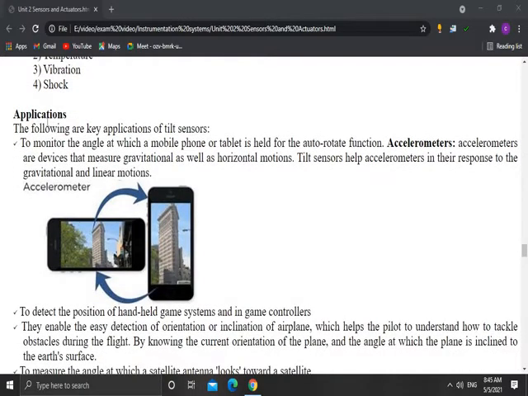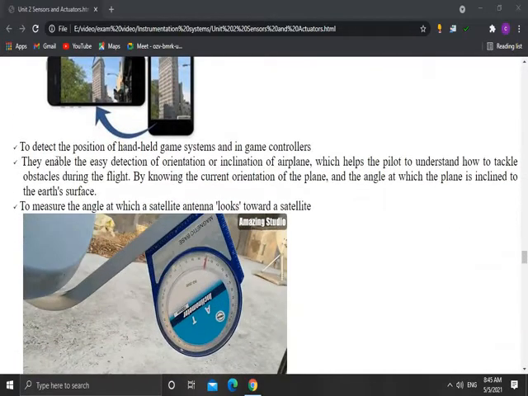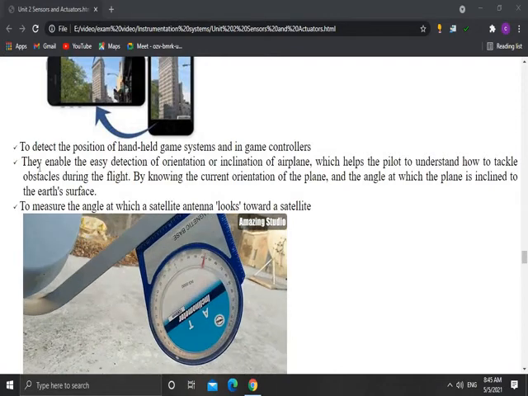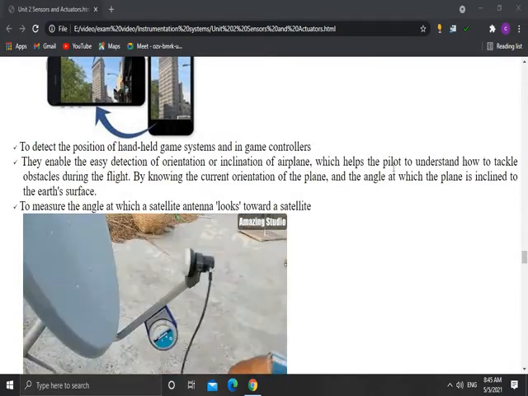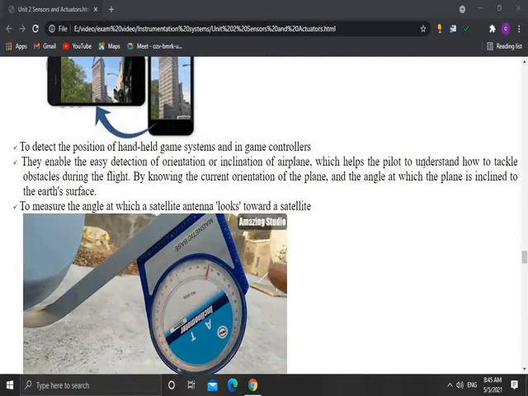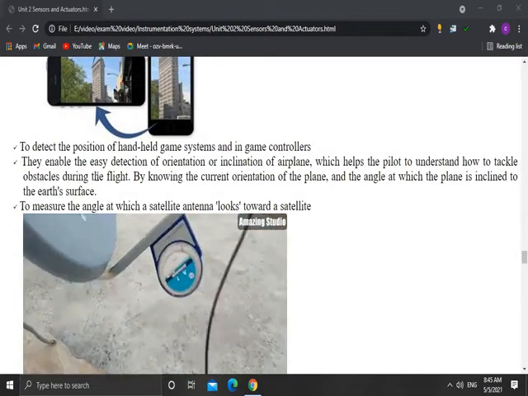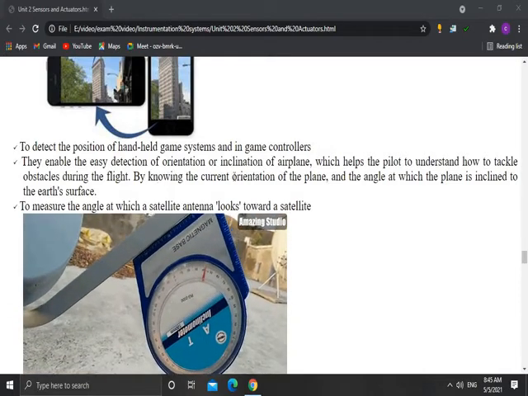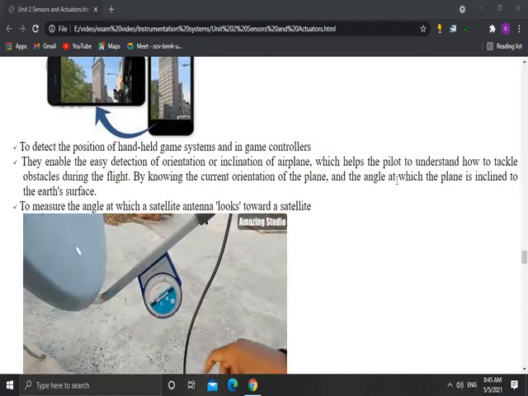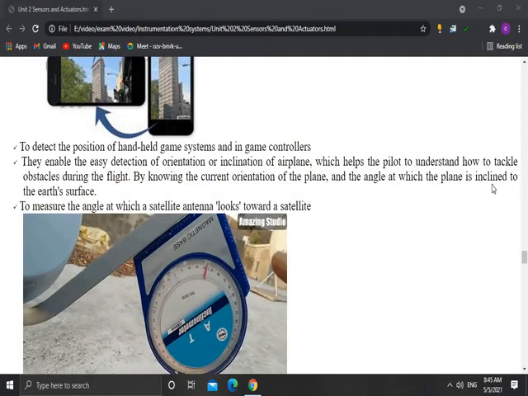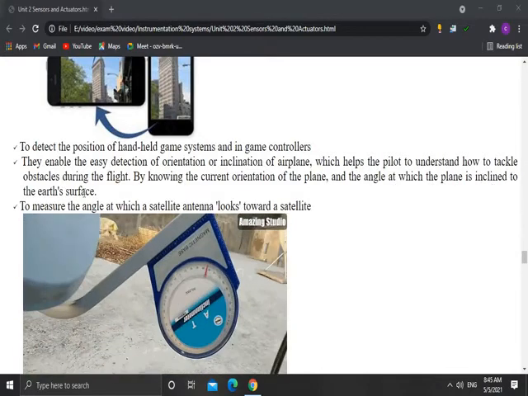Here you can see the applications like our mobile phone screen rotation, then in aeroplane to detect the tilting position. So the pilot understands how to tackle obstacles during the flight by knowing the current orientation of the plane and the angle at which the plane is inclined to the earth's surface.